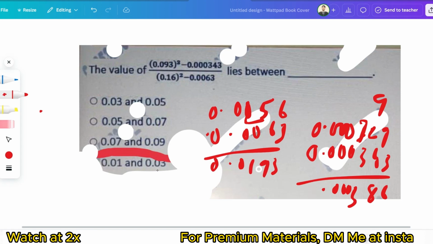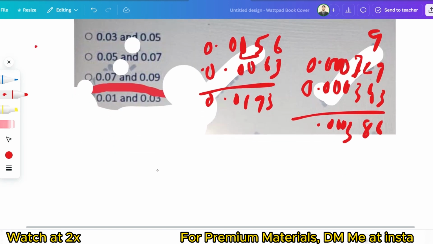So 0.0193. If I divide the numerator by 0.0193, then what will be the answer?